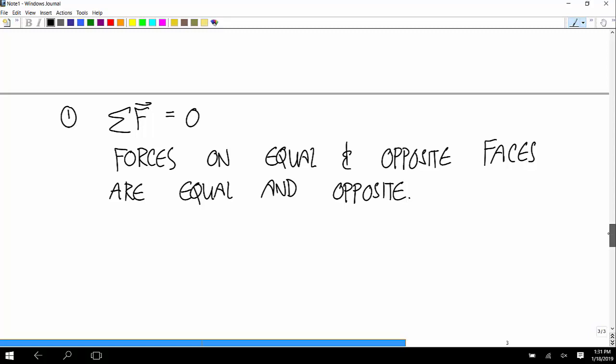Okay, so for example, if you have a cube like this, and on one side you have a force going this way and a force component going this way. I guess these are forces per area, so actually let's write this as force per area.